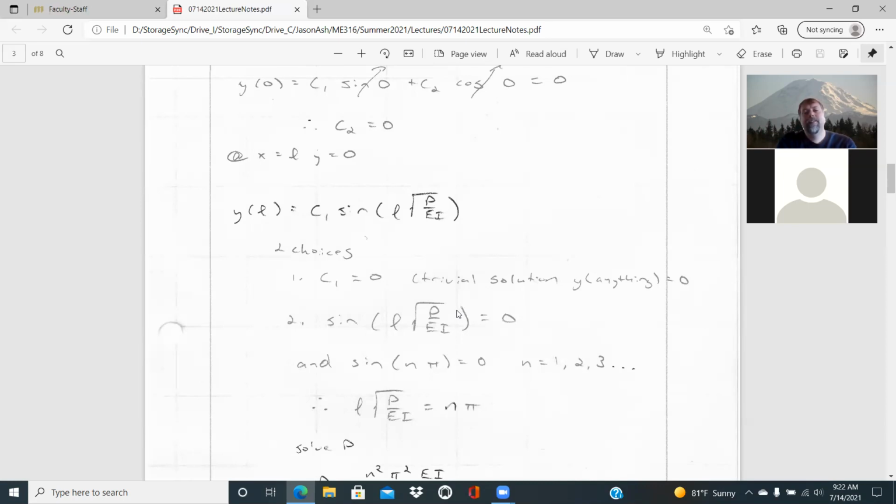And looking at sine, we know that sine is going to be equal to 0 at 0, pi, 2 pi, 3 pi, 4 pi. And so sine of n pi is equal to 0, where n is equal to 1, 2, 3, all the way up.